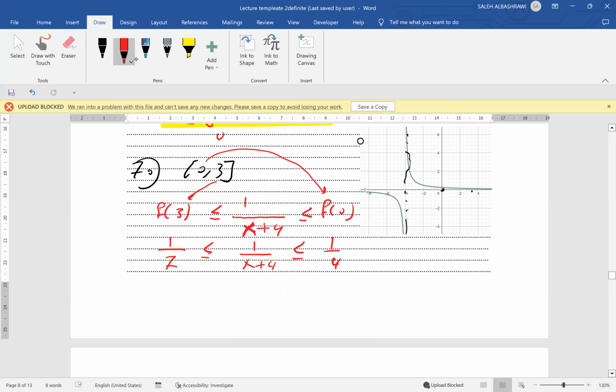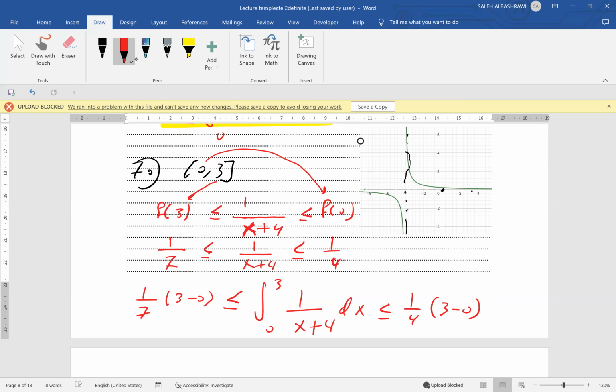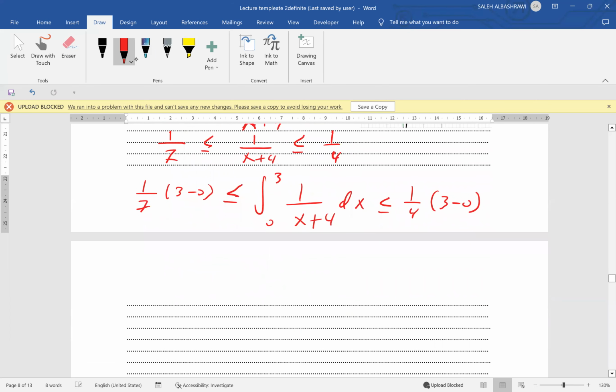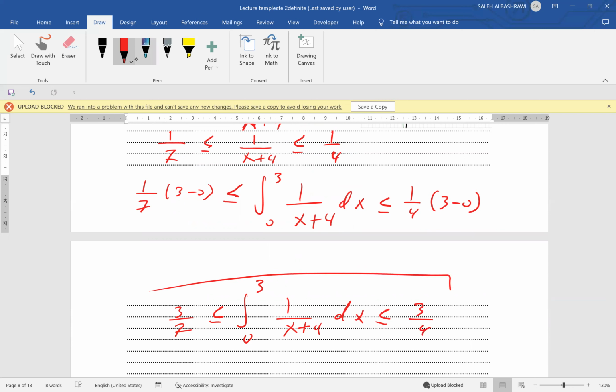So the definite integral will be greater than 1 over 7 multiplied by b minus a, which is 3 minus 0, and less than or equal to 1 over 4 multiplied by 3 minus 0. Or we can just say 3 over 7 is less than the definite integral from 0 to 3 of 1 over x plus 4 dx, which is less than or equal to 3 over 4. So this is the estimate for the definite integral using that property.